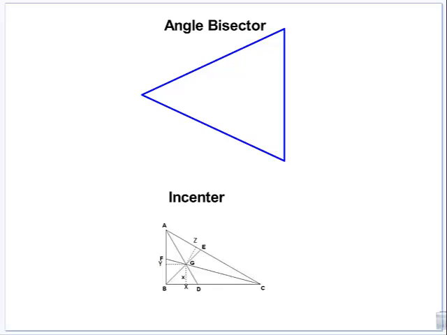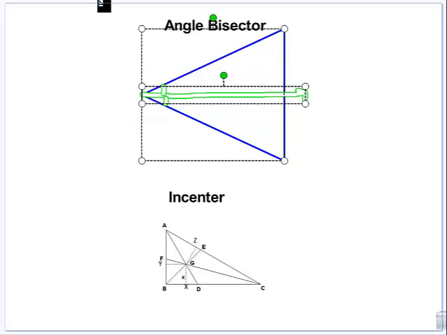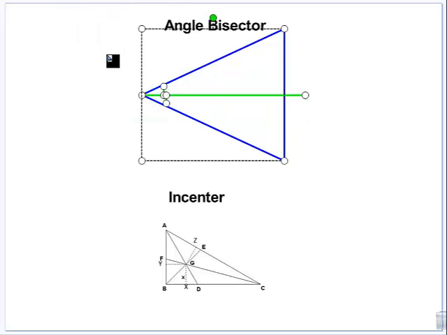Next up, an angle bisector. An angle bisector is exactly what it sounds like. It bisects an angle, so if I'm looking from this vertex and I wanted to draw the angle bisector, right there would be my angle bisector. It bisects the angle, so it splits it up into two congruent angles.